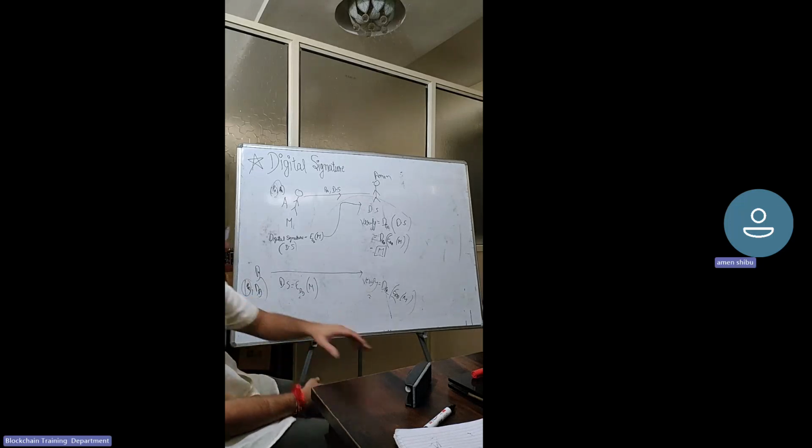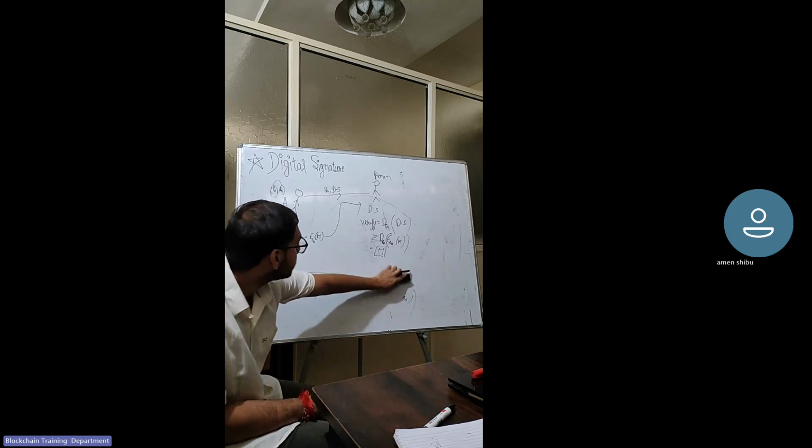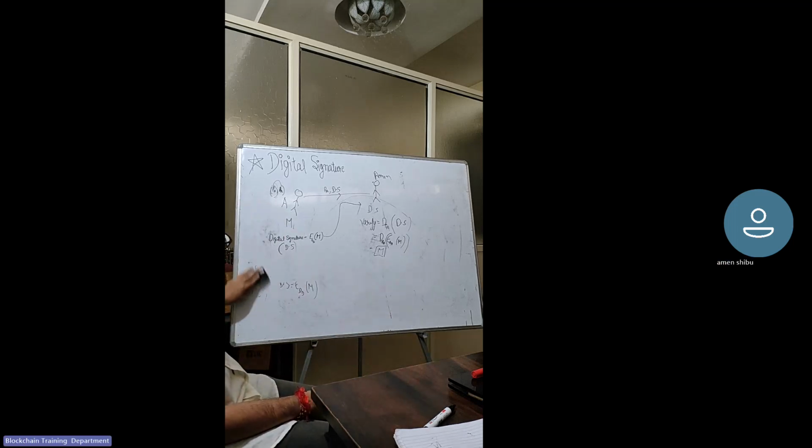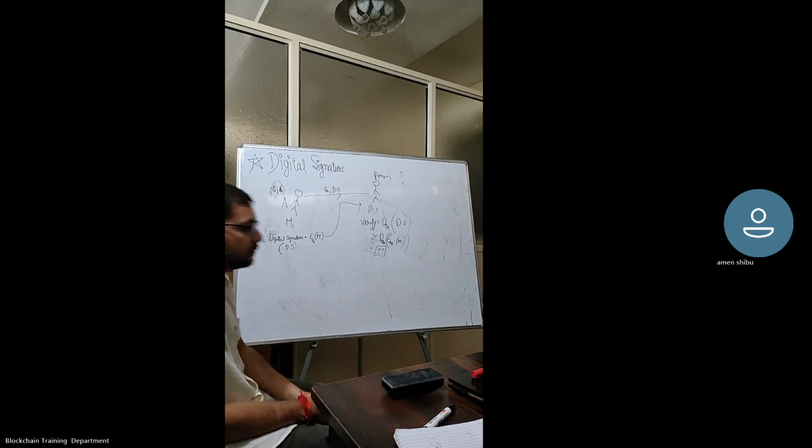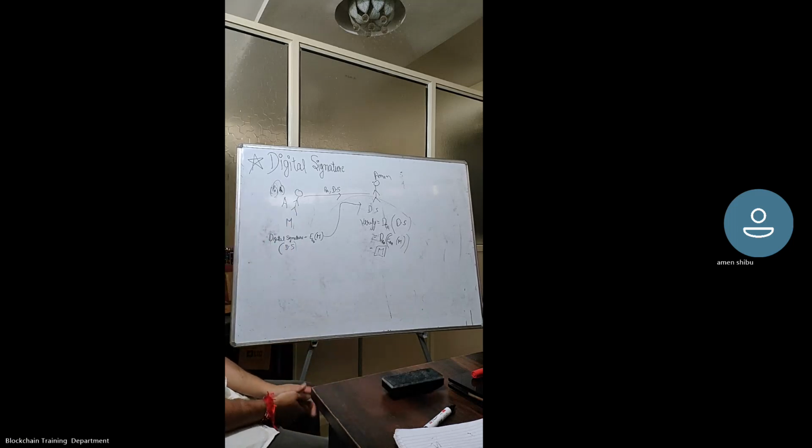So just draw this diagram, this upper one. I will drop it, and I'll just dictate. PA and DA, isn't it? P and D: public key, private key. D means private, P means public.